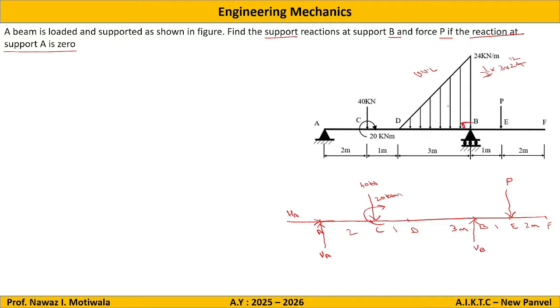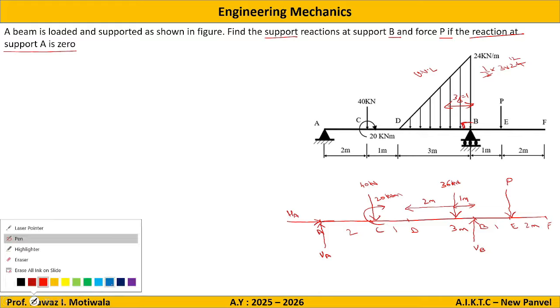That is from B it will be 1/3 of 3, which is equal to 1. So from point B at a distance of 1 meter, there will be a force of 36 kilonewton. So this distance is 1 meter, and the remaining will be 2 meters. This completes our free body diagram.